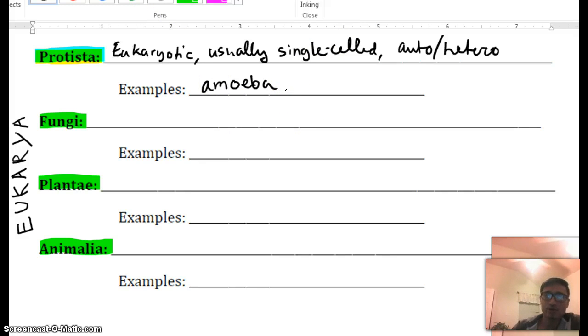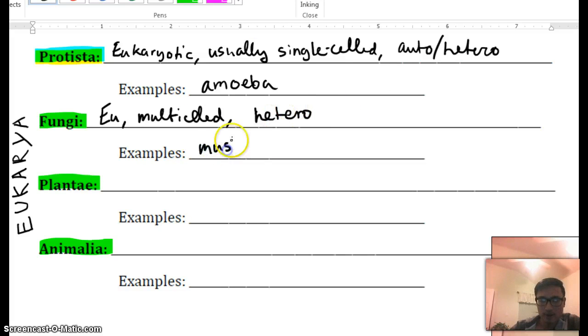All right. So we have Protista. We have fungi, which are also going to be eukaryotic. They are definitely going to be multicellular. And they are going to be heterotrophic. So our fungi includes mushrooms. What they do is really they help decompose.